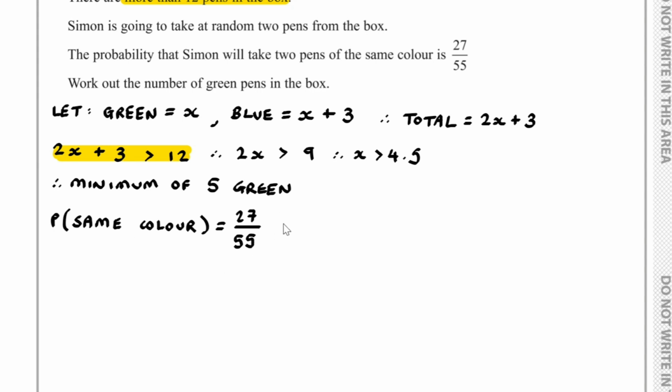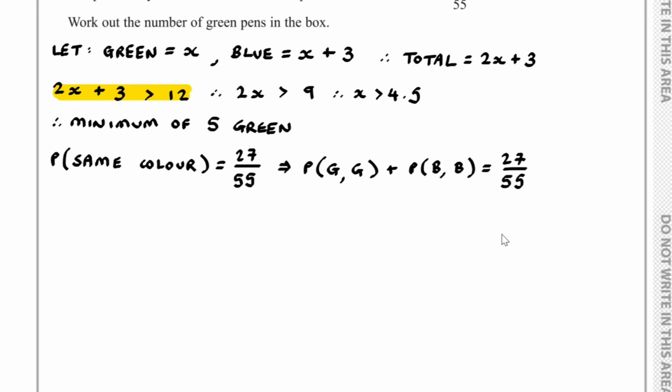So, what this means then is the probability of a green followed by another green plus the probability of a blue followed by another blue is equal to 27 over 55. So now let's work out what x is given the information we know.